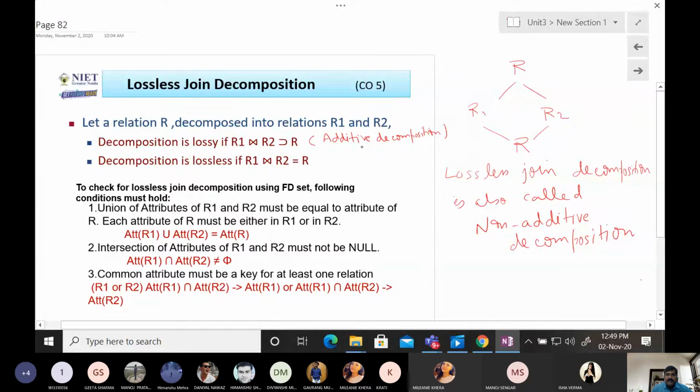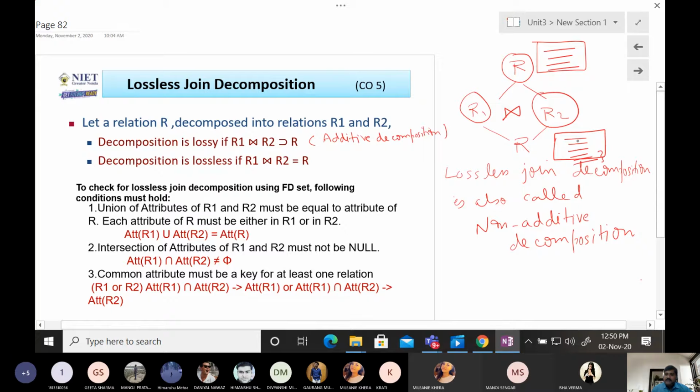What is the meaning of additive decomposition? Suppose there are 4 tuples in this relation, and we decompose R into R1 and R2, and join over R1 and R2, and we get a table in which there are 6 tuples. Means in this result there are extra tuples.